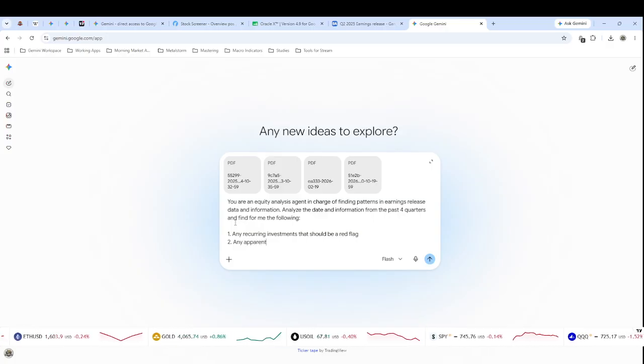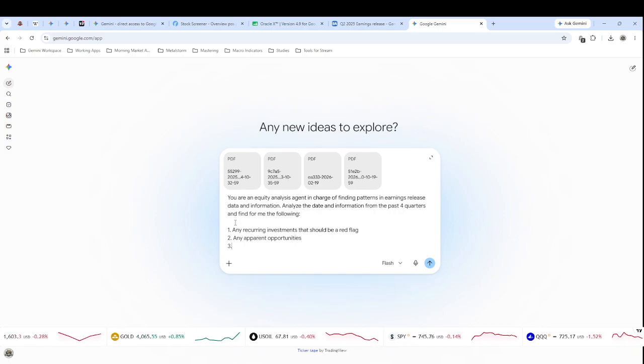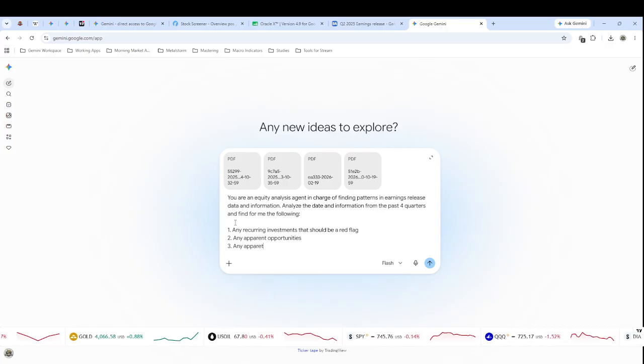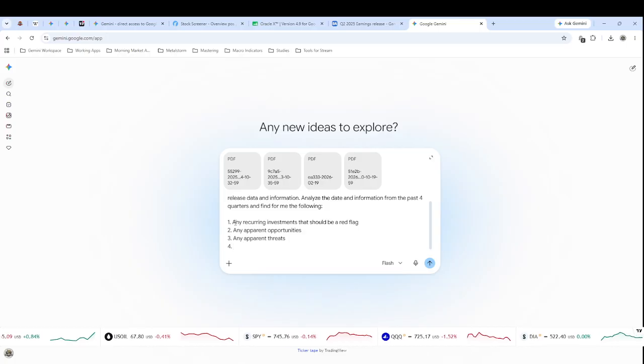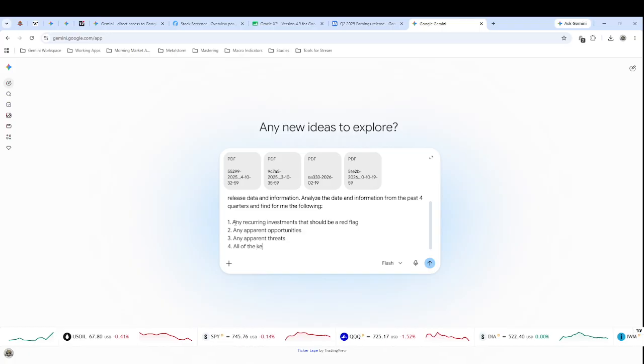Any current opportunities. Any apparent threats. Key catalysts for growth.